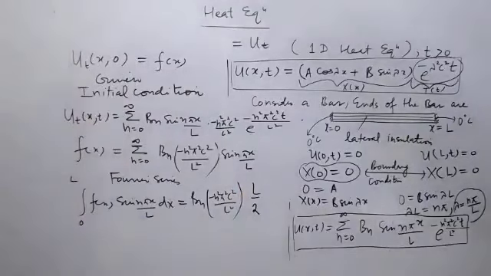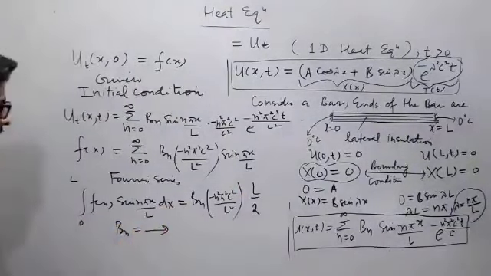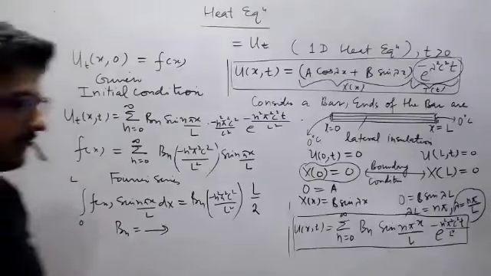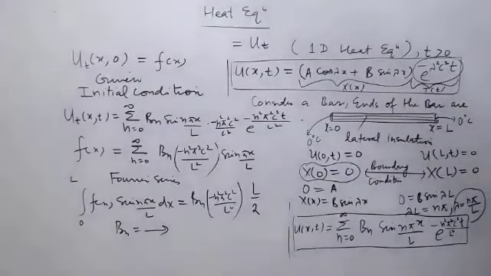Correct? Upper limit by 2. So the value of Bn will be written here. Okay, this will be the method that we will follow to calculate the third boundary condition. Is that okay?